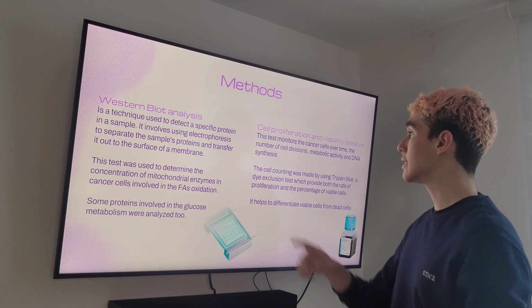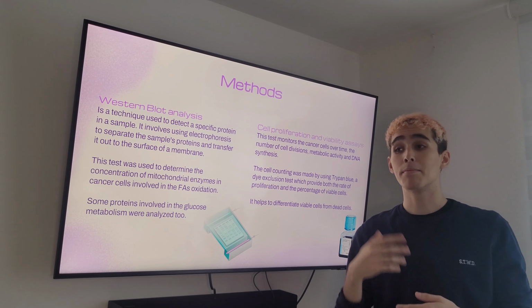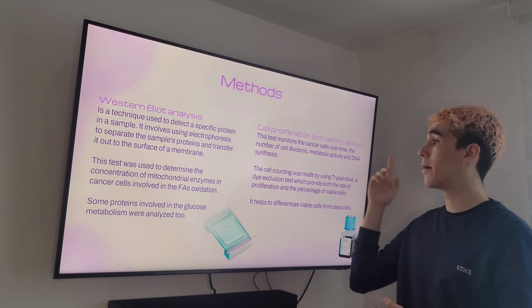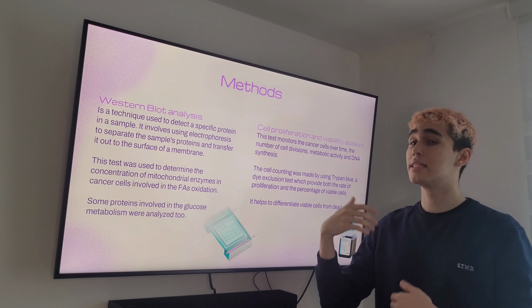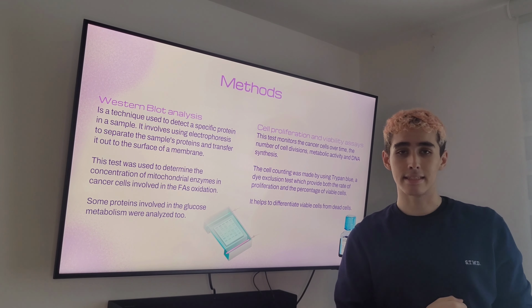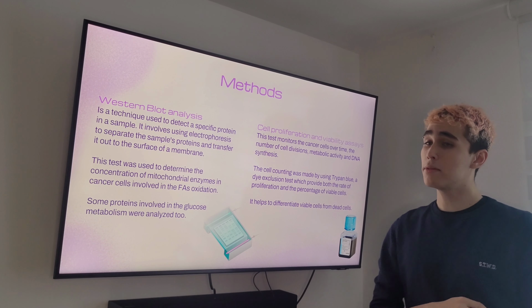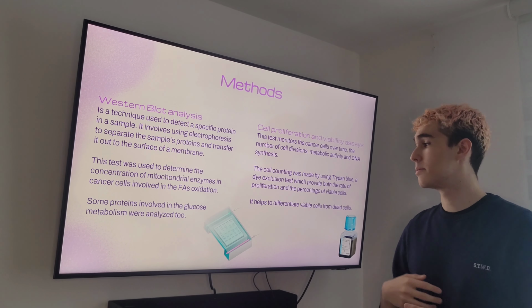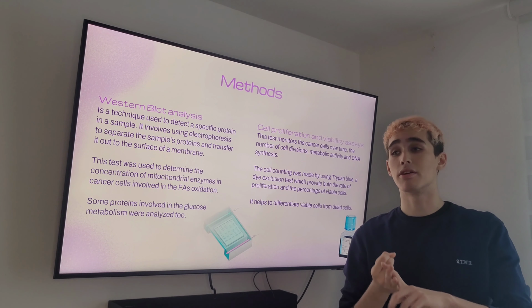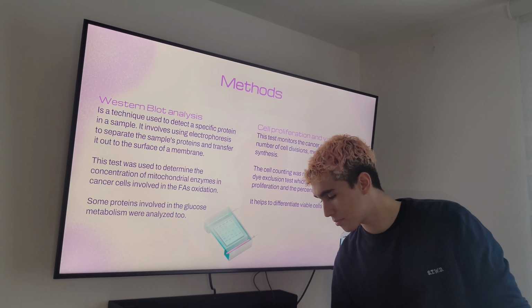The second method is the cell proliferation and viability assays. This is a test that monitors the number of cell divisions, the metabolic activity, and the DNA synthesis. The cell counting was made with trypan blue, a test that provides both the rate of proliferation and the percentage of viable cells.